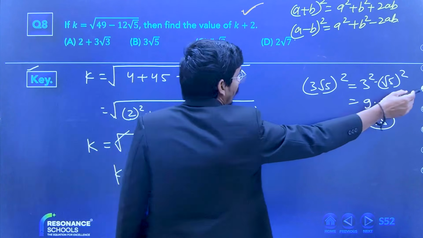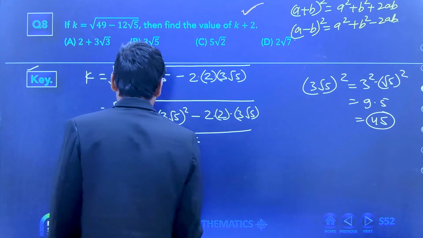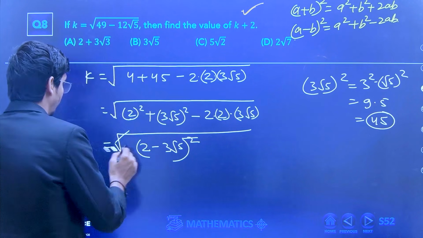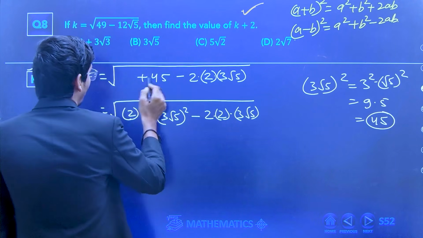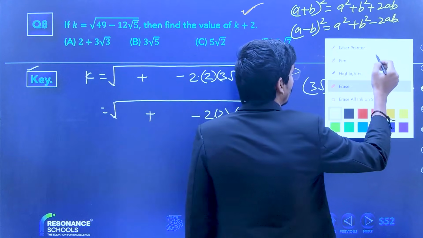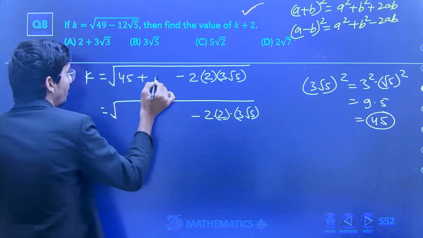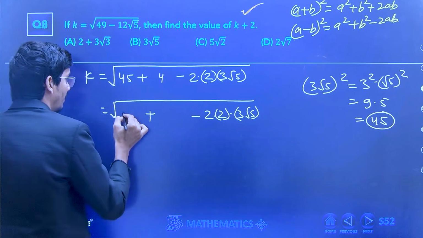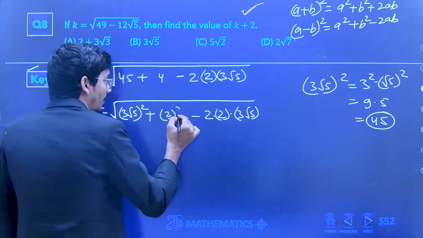Okay, listen one thing more. Listen one thing again. Correct? 49 is also written as 45 plus 4. 45 is nothing but 3 root 5 squared and 4 is 2 squared.